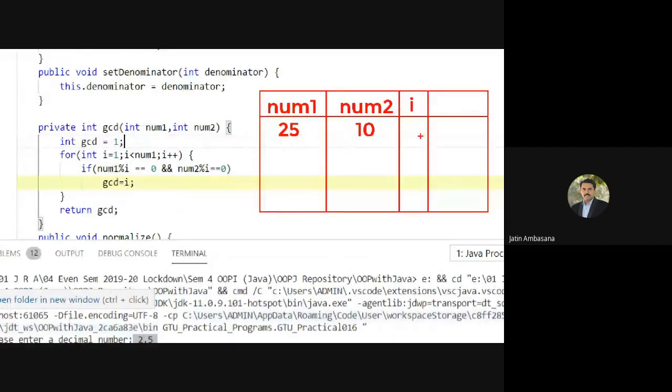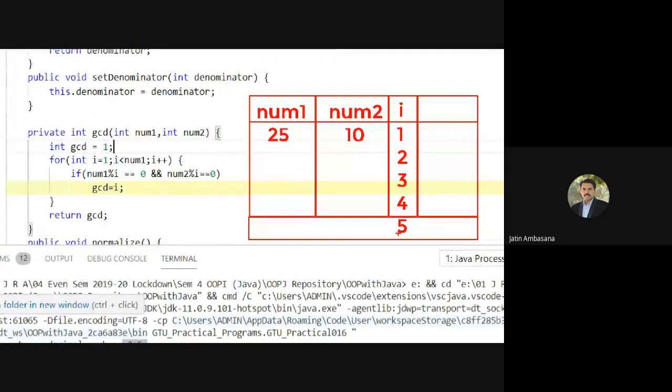Here we have I value to be what? I value is 1, then we have 2, then 3, then 4, and then in the end we will have 5. This will go up to 24, because the loop goes from 1 to I less than num1. So 24 will be less than 25, right? So I goes from 1 to 24.